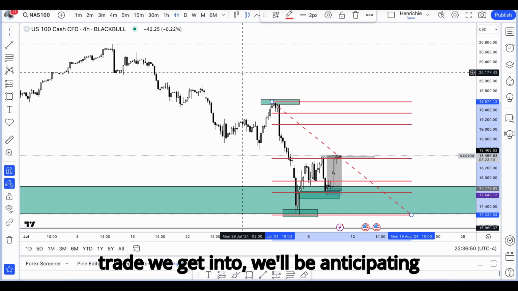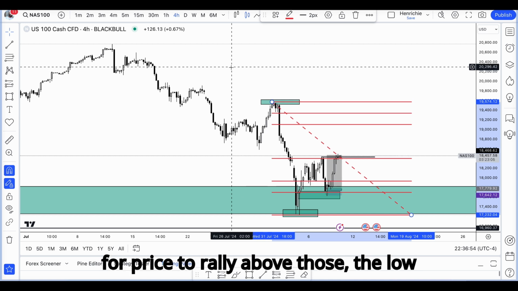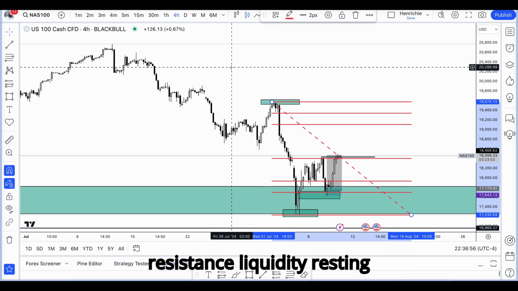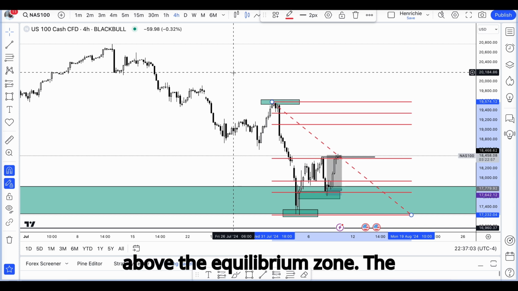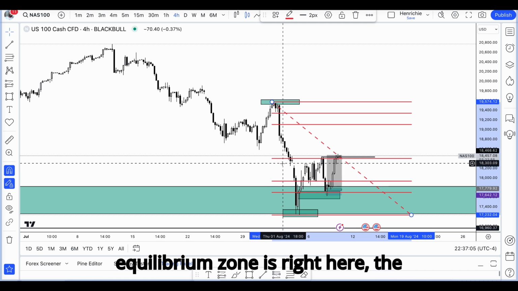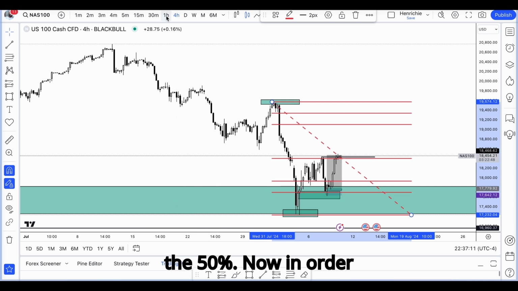So whatever trade we get into, we'll be anticipating price to rally above the low resistance liquidity resting directly before or above the equilibrium zone. The equilibrium zone is right here, the midpoint of the Fibonacci, the 50%.